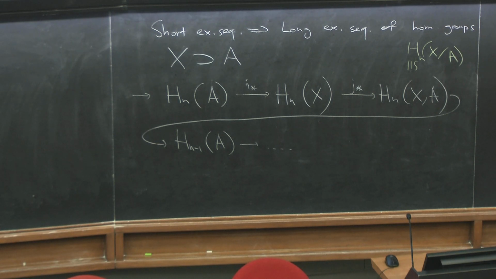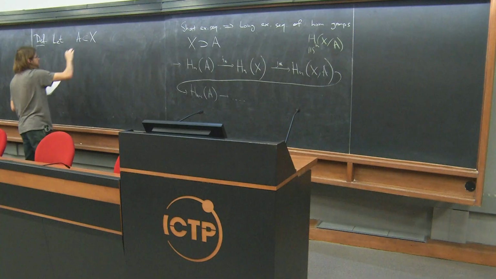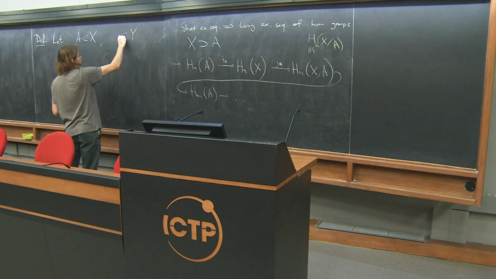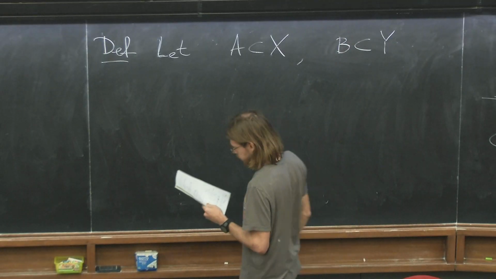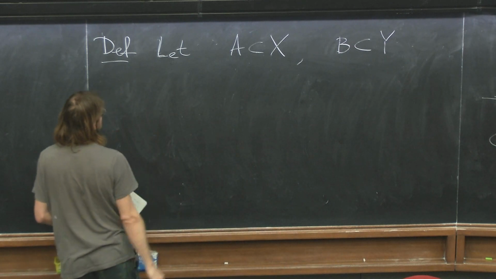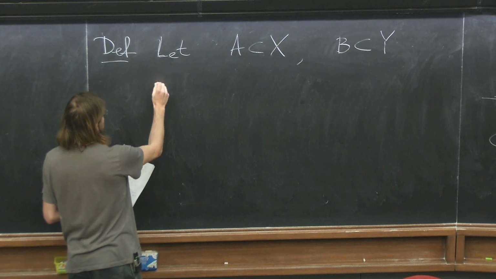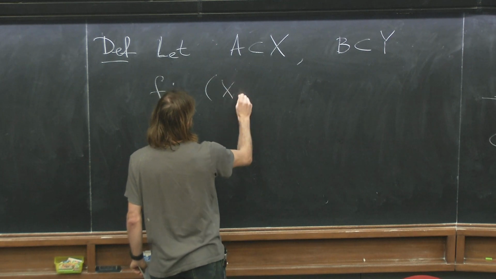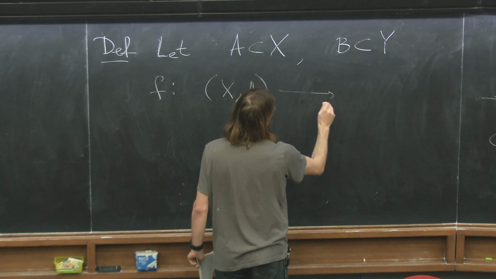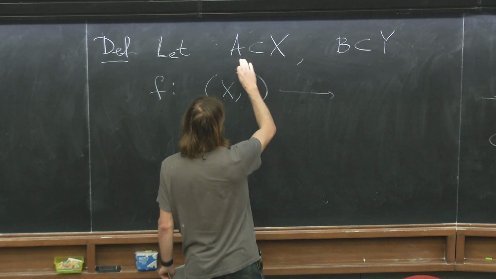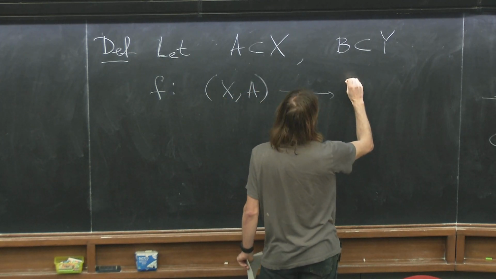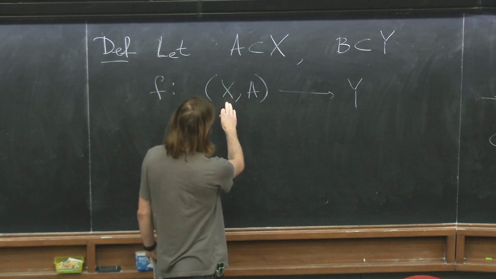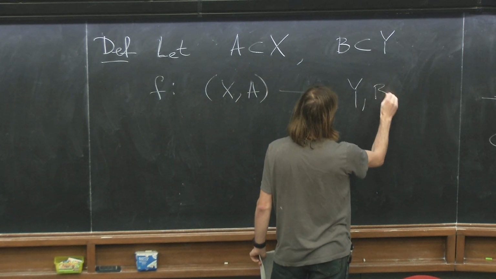So consider a situation when we have a subspace A in a topological space X, but we also have a topological space Y and a subspace B there. And then we can consider what is called a map between pairs, where a pair is a topological space and a subspace inside. We want to define what we mean by a map from a pair (X, A) to a pair (Y, B).